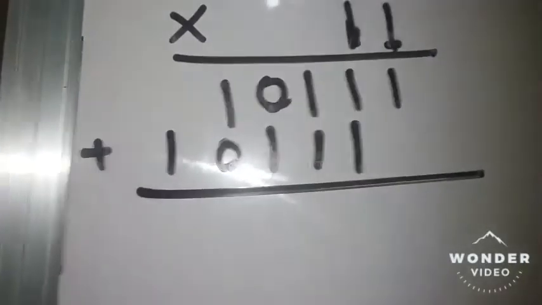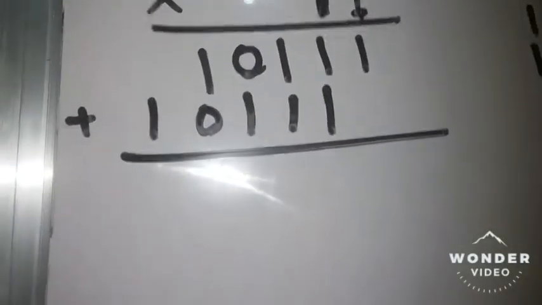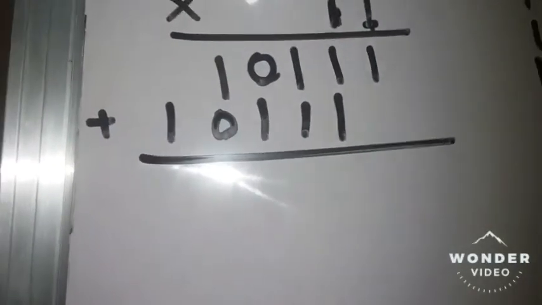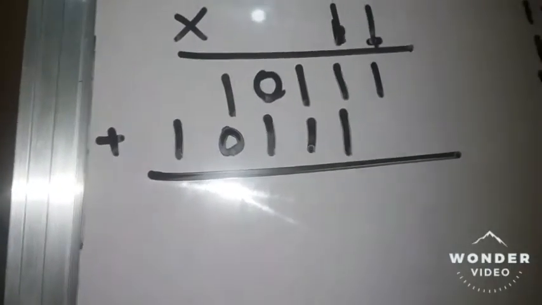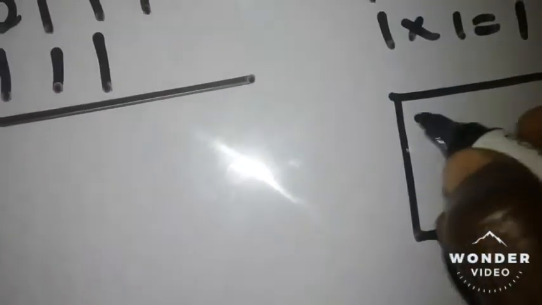Now I want to see if we're going to arrive at the same answer. Addition, always remember your addition rules. Let's quickly draw our addition rule. That is addition plus, we have 0 and 1.